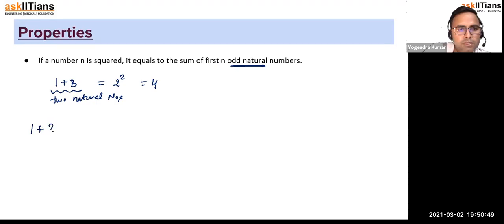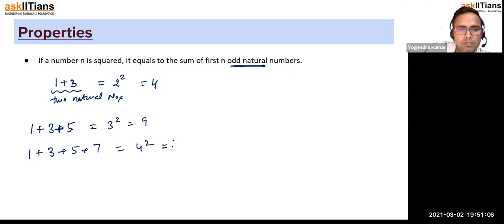Now suppose 1 plus 3 plus 5. I think we did this property last class also. So remember, 3 numbers are added, so 3 square, which is what? 9, right? Now 1 plus 3 plus 5 plus 7, what will it be? 4 square, which is 16, right?